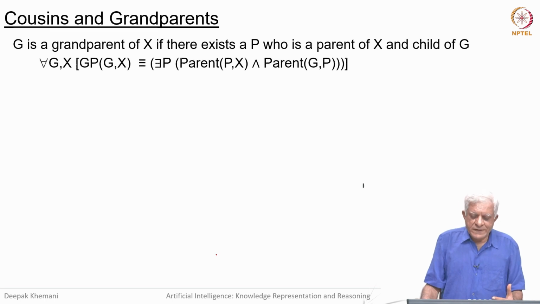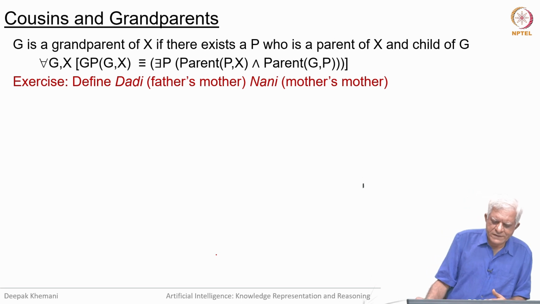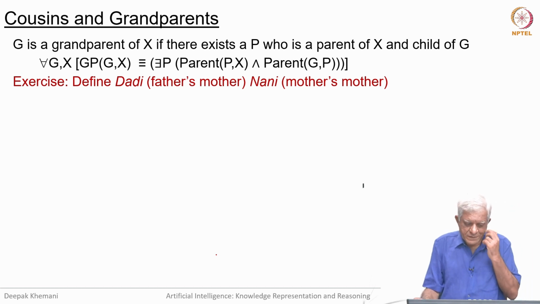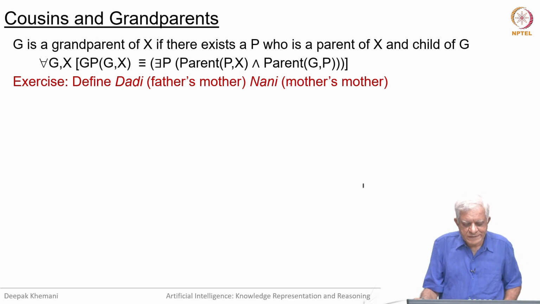G is a grandparent of x if there exists a P who is a parent of x and a child of G. Which we can write in a very simple fashion, that for all G, for all x, grandparent G x is equivalent to saying that there exists a P, P is a parent of x and G is the parent of P essentially. Remember that this x and G are still universally quantified, for all G, for all x.